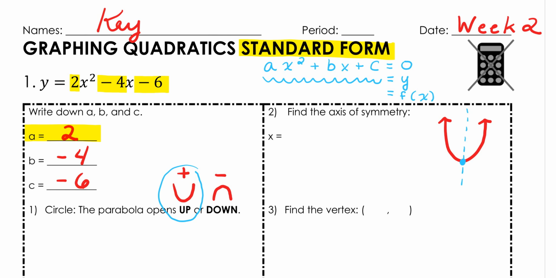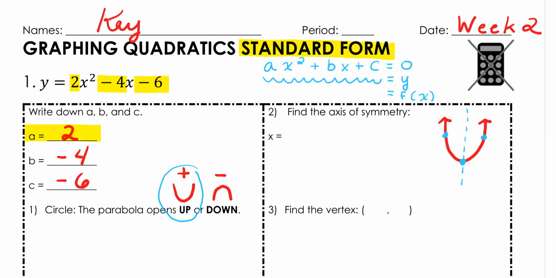And we also know that any point on the parabola has an equal reflected point on the other side of the axis of symmetry. So that's what we're going to be solving for right now. We're going to be solving for this imaginary blue line that's going to cut through the vertex of our parabola.